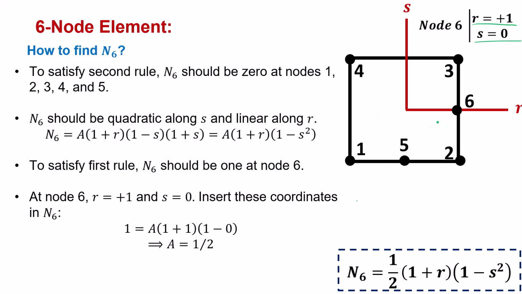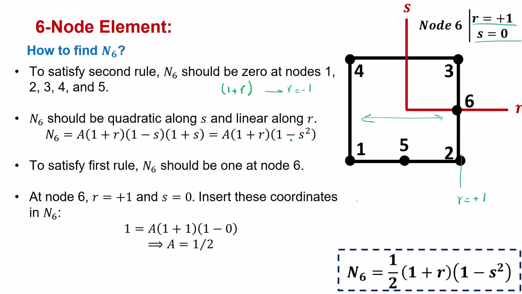Along the r direction here, since node 6 lies on the right edge where r is equal to 1, the function must include (1 plus r). That way it becomes 0 at the opposite edge where r is equal to minus 1.